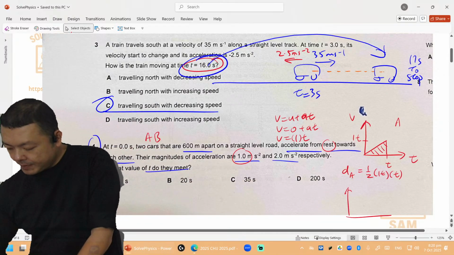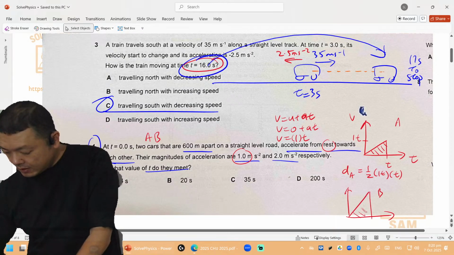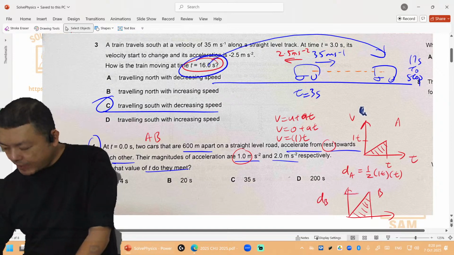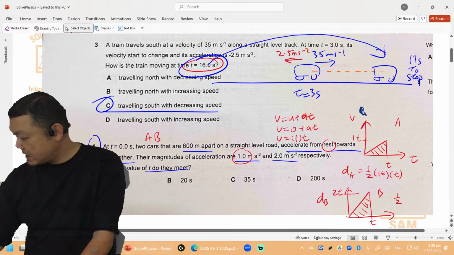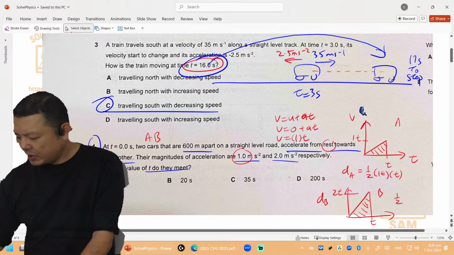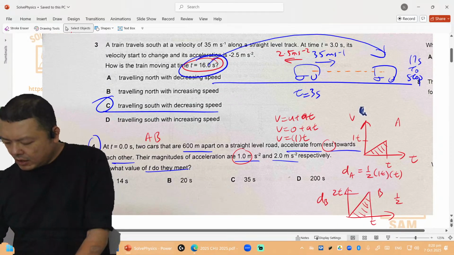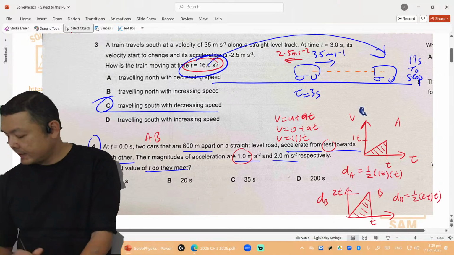How about B? B has a higher acceleration, so dB equals 2t times t. Don't you get something like half t squared? Yes, I'm leaving it there, I haven't calculated yet. So the distance traveled by B will be half of 2t times t, correct?